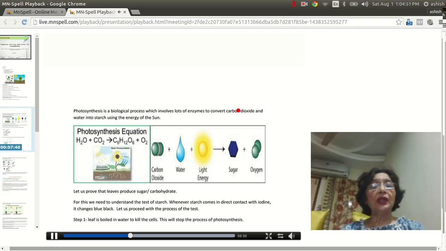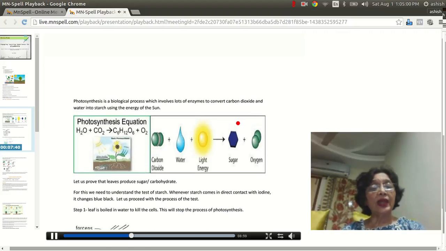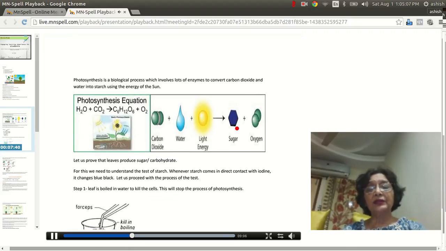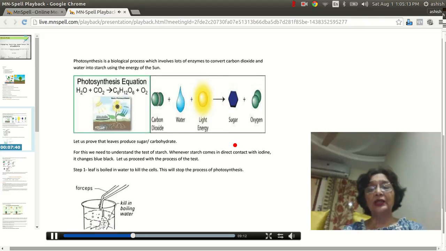And that is why we say that photosynthesis is a biological process which involves lots of enzymes to convert carbon dioxide and water into starch using sunlight. So this diagram is very clear and it explains everything, that carbon dioxide, water and energy are required. Then only we get sugar and oxygen, and of course enzymes play a major role.